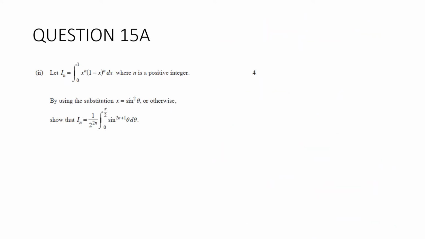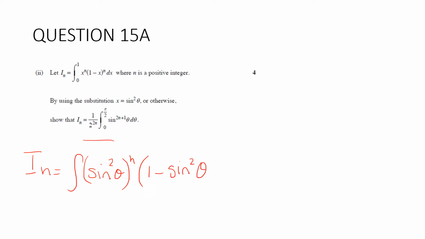Part 2. Let I n equal the integral between 0 and 1 of x to the power of n, (1 minus x) to the power of n dx, n is a positive integer. By using the substitution x equals sine squared theta, or otherwise, show this. Alright, so I n is going to be equal to the integral of sine squared theta to the power of n, (1 minus sine squared theta) to the power of n, and now we need to work out a couple of things.